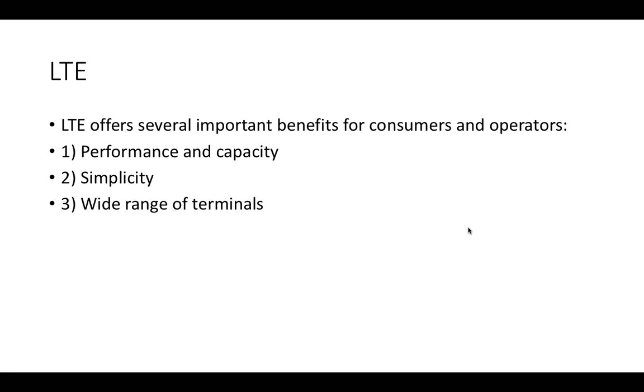The third benefit is a wide range of terminals. In addition to mobile phones, many computer and consumer electronic devices such as notebooks, gaming devices, and cameras will incorporate LTE embedded modules. Since LTE supports handover and roaming to existing mobile networks, all these devices can have a lot of mobile broadband coverage.